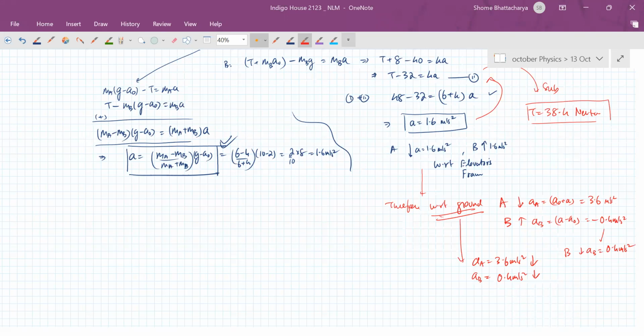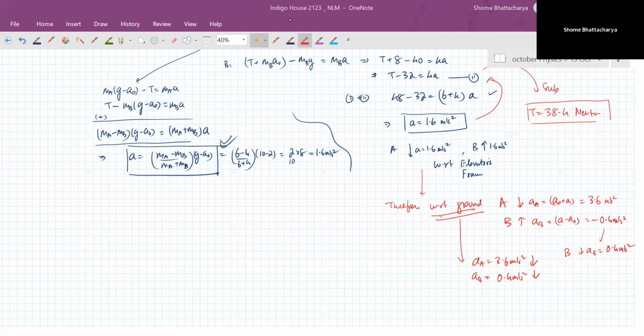Yes, Ethan, tell me what is your doubt. I have found the tension from the equations in the non-inertial frame only. We can do it from both actually. It will give us the same value of tension.